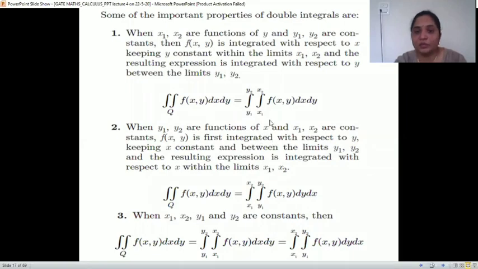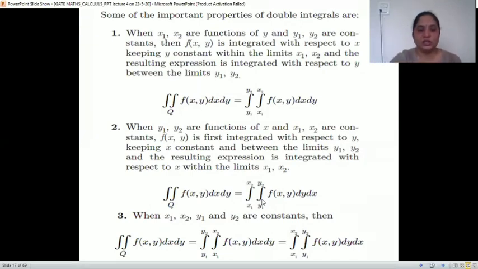And always remember one more important thing. If there are x1 and x2 as the limits of integration, they are the limits of y. Functions of x are the limits of y, and functions of y are the limits of x. Same here. Here first are the limits of y and then the limits of x.